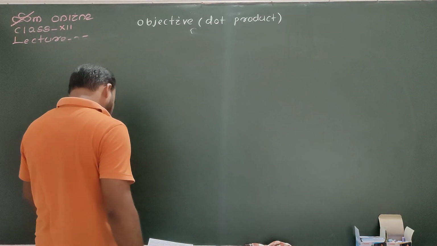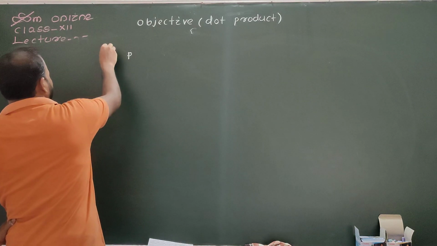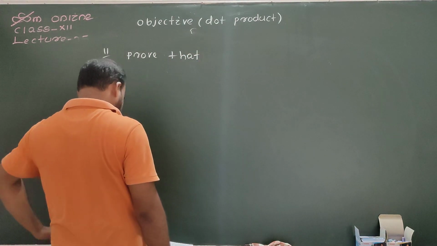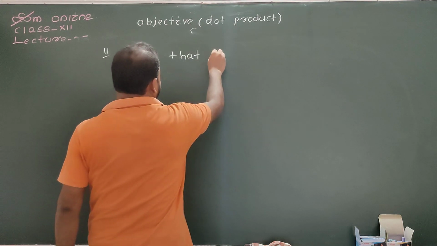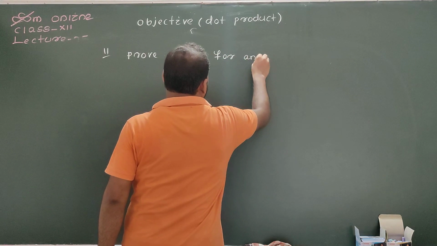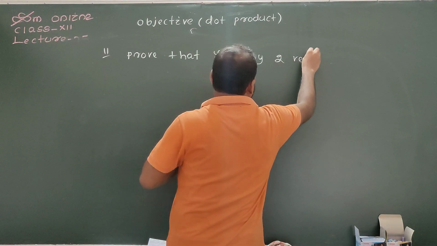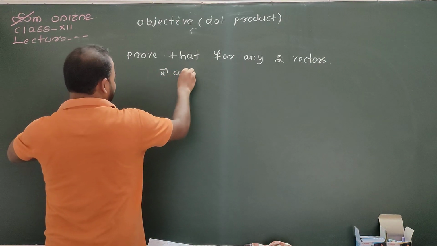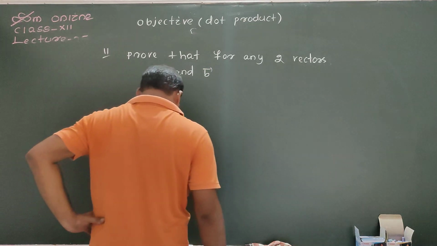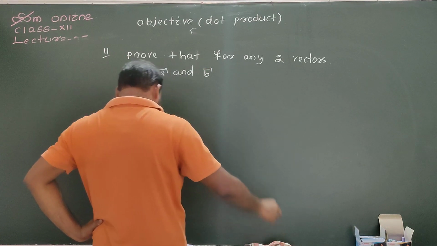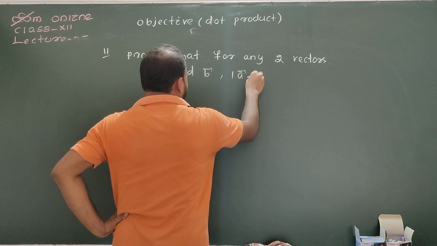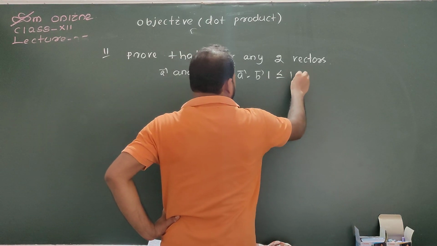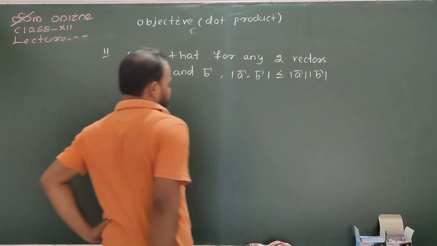Prove that for any two vectors, vector A and vector B, magnitude of vector A dot vector B is less than or equal to magnitude of vector A into magnitude of vector B.